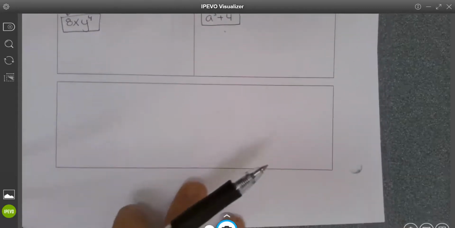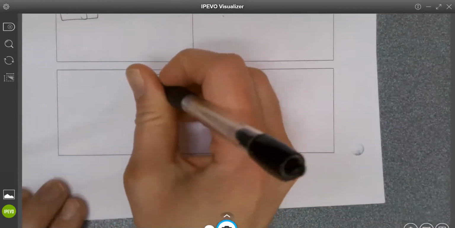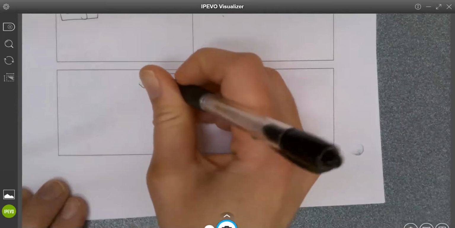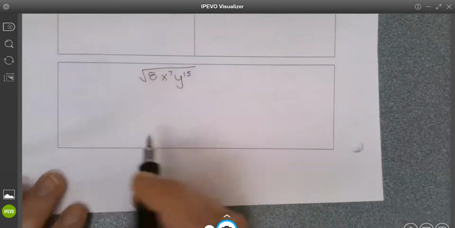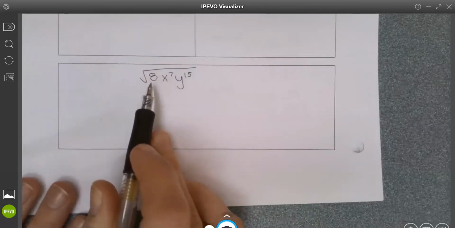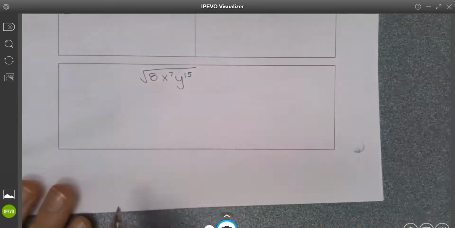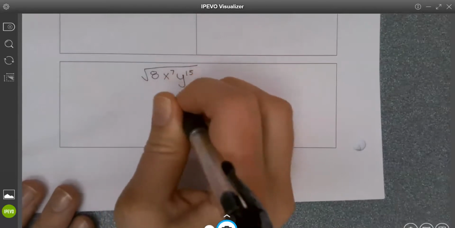So now let's look at a few that don't work out quite so nicely. So I'm going to look at 8, x to the 7th, y to the 15th underneath a square root. So first of all, 8 is not a perfect square. So I'm going to take 8 and I'm going to break it apart, right?